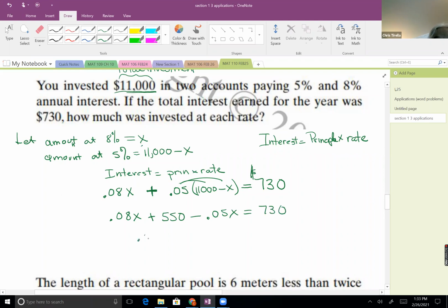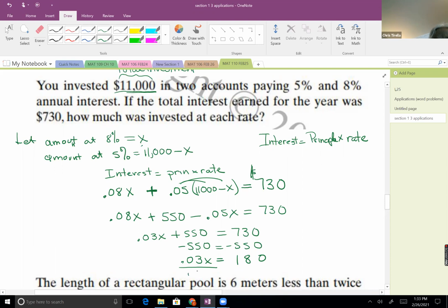Combining, I get 0.03x plus 550 is equal to 730. Subtracting the 550, I get 0.03x is 180.